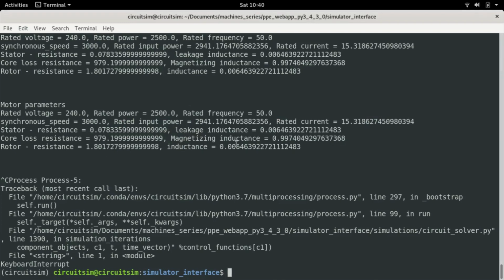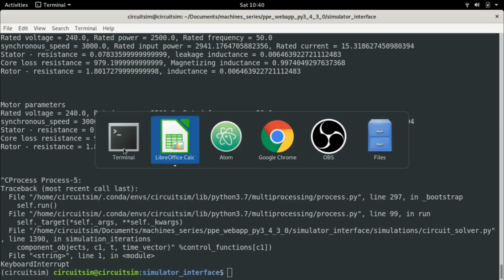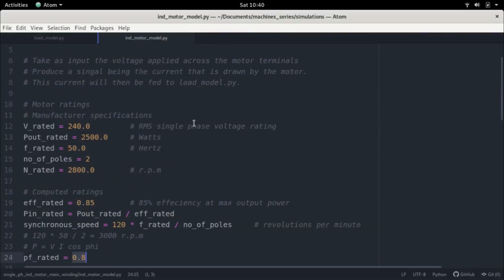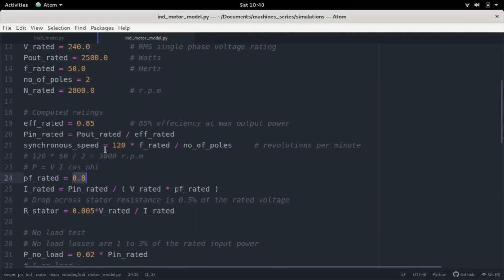So this is a quick recap of what we did in terms of computing the parameters of this motor, right? Again, I would strongly suggest that you go ahead and play around with these values, and most importantly also some of these assumptions. So for example, assume a different value of efficiency at rated power.